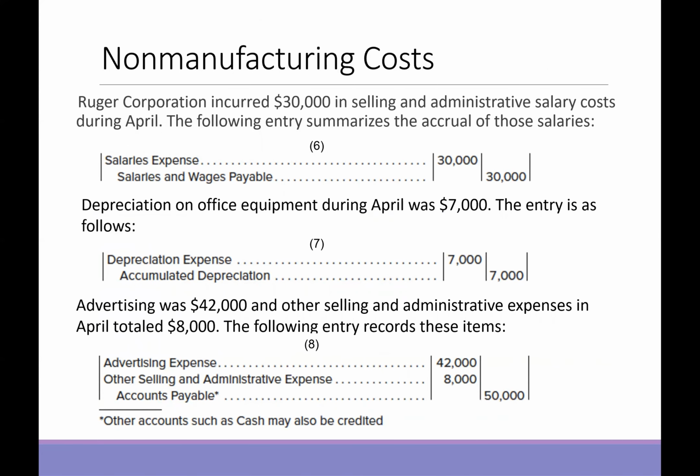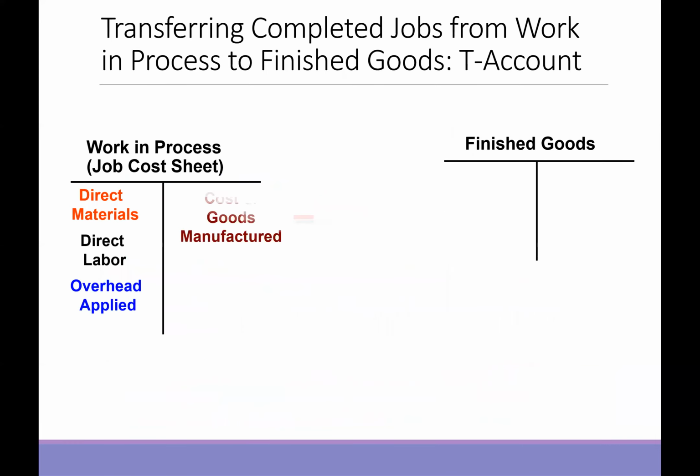So you see, when Ruger incurs 30,000 in selling and admin, it just goes right to the expense account. Depreciation on office equipment, right to the expense account. Advertising, an expense. Now, guys, if it was depreciation on factory equipment, that would go into manufacturing overhead. Okay? But these are non-manufacturing costs.